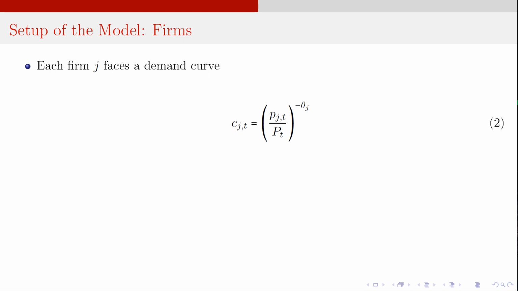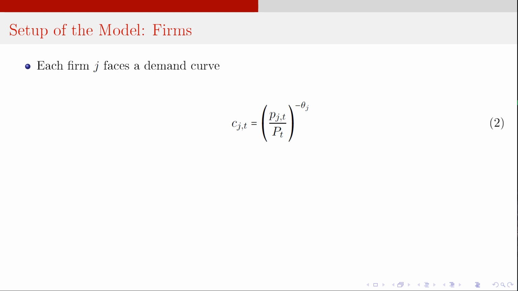So each firm J faces a demand curve that looks something like this. C sub Jt, the consumption of good J at time t, is equal to the ratio of the price that firm J charges for their good relative to all other prices, capital P_t, raised to the power of negative theta_J. So it's this price ratio, P_Jt over P_t, to the negative theta, where theta is the elasticity of demand.